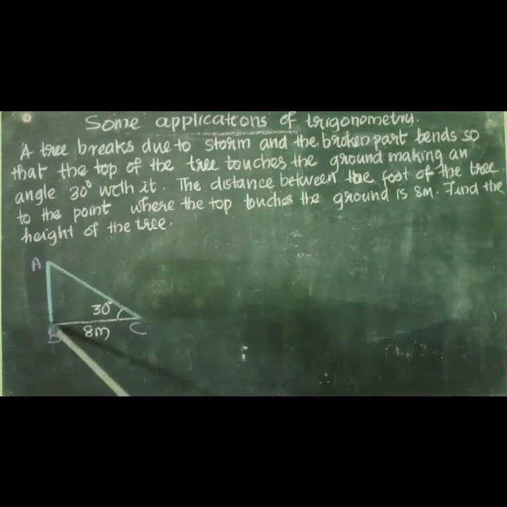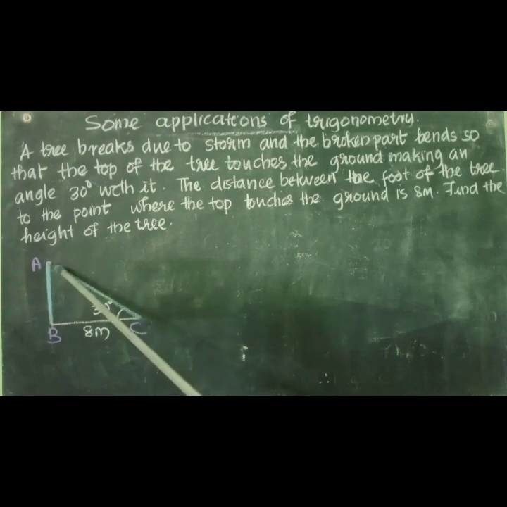So there is a tree. It breaks due to storm and the top of the tree touches the ground and it is making an angle 30 degree with the ground. So this AB and AC together is the tree.